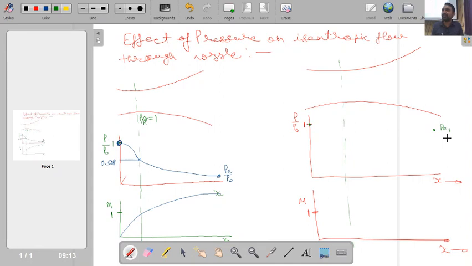I will be having very small amount of mass flow of the fluid through the nozzle. So because of that, I will not be able to achieve Mach number equal to 1. Okay, so if I am not able to achieve the Mach number equal to 1, inside my nozzle flow will remain subsonic throughout, and for the subsonic flow we know that in diverging section flow velocity or Mach number decreases. So here I will be having profile something like this.